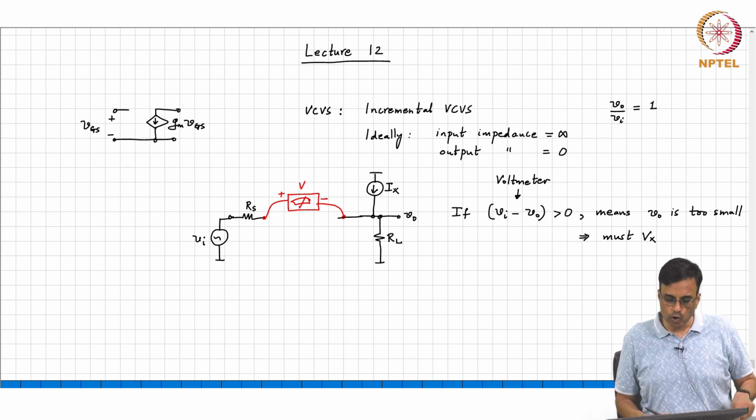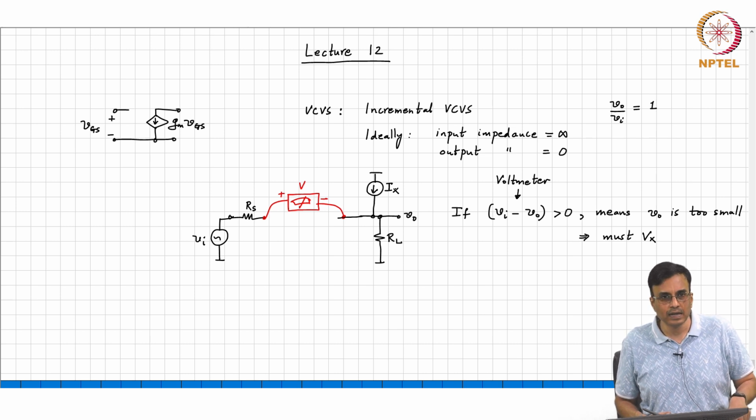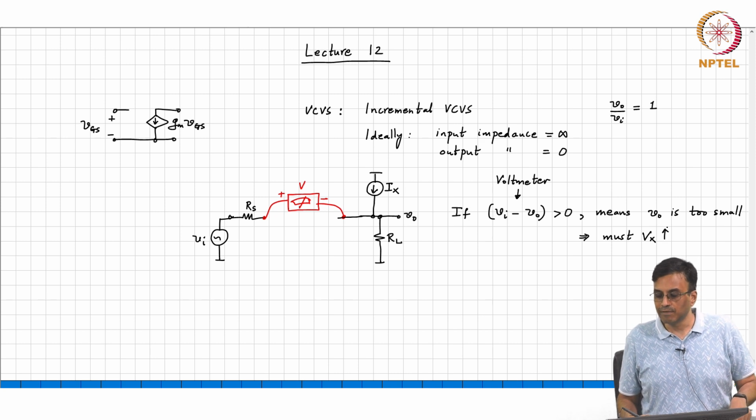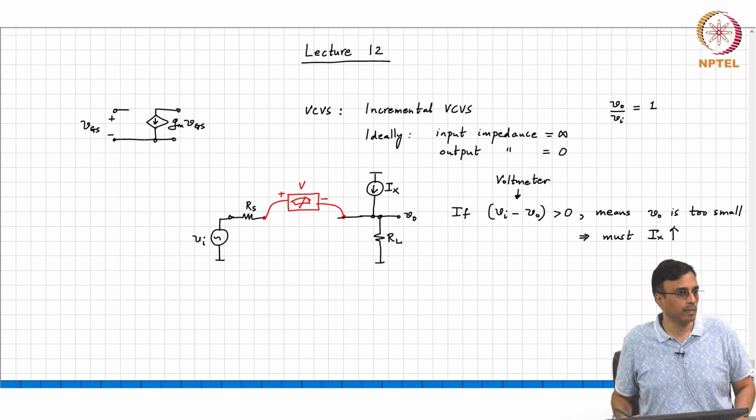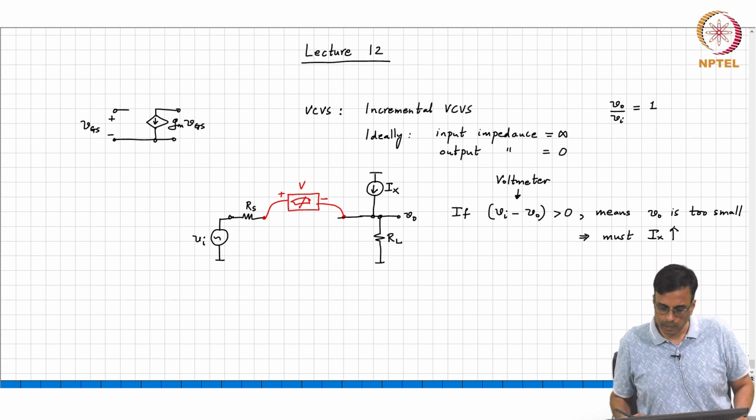So if the voltmeter reading Vi minus Vo is greater than 0, it means that VO is too small again, but what must we do now? What we must do is to increase Ix. Does that make sense?